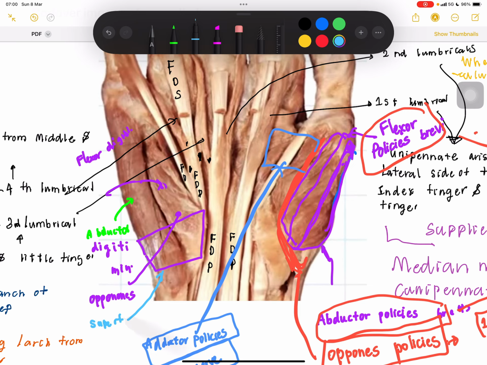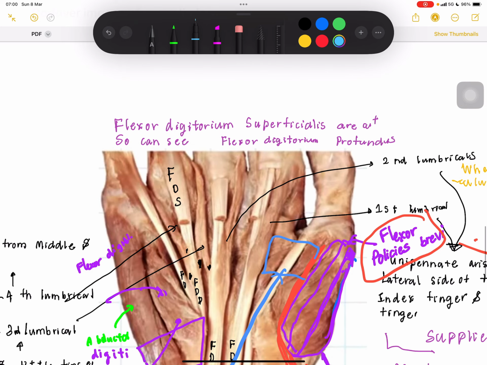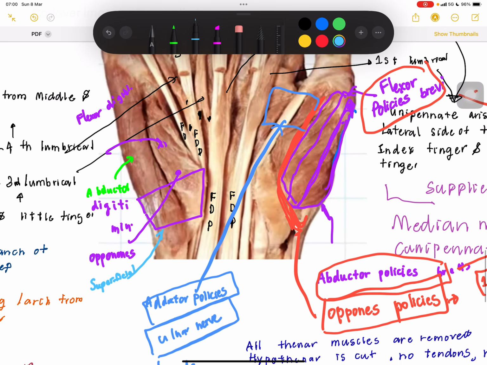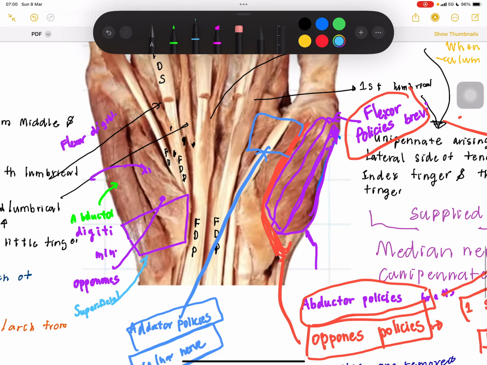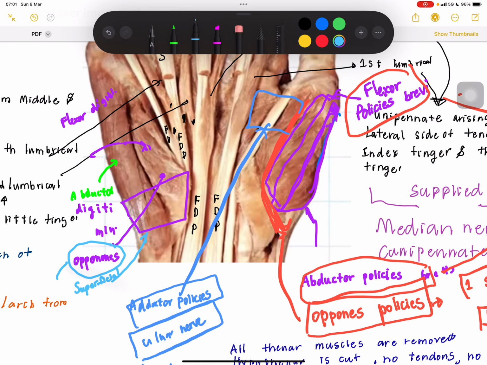It doesn't have any bony attachments. So the palmaris brevis is a subcutaneous muscle. And also, as in the thenar side, on the hypothenar side the opponens digiti minimi is the only hypothenar muscle that is attached to the metacarpal.